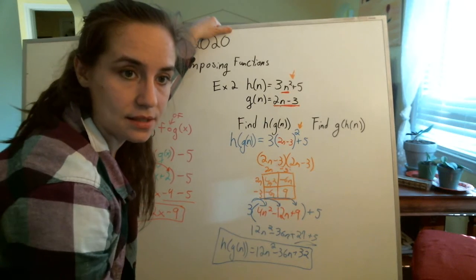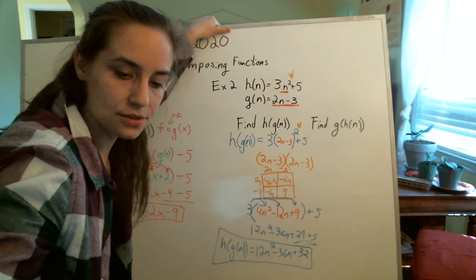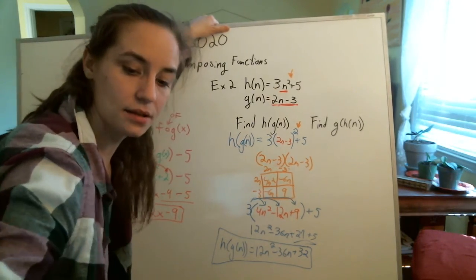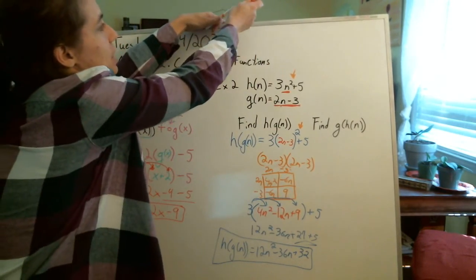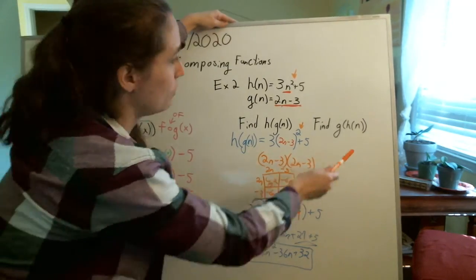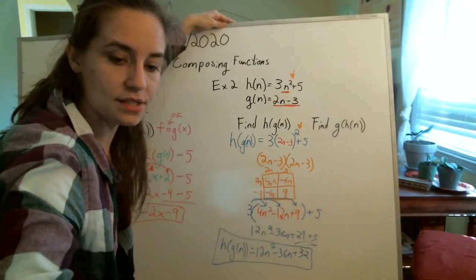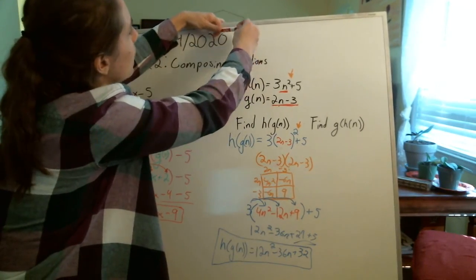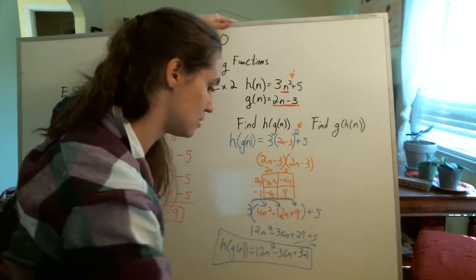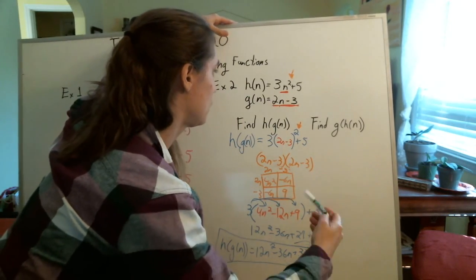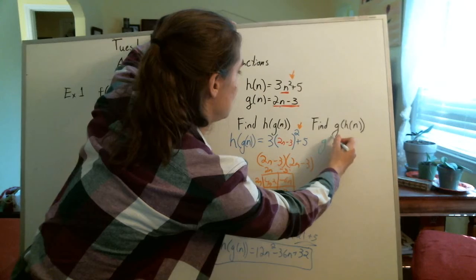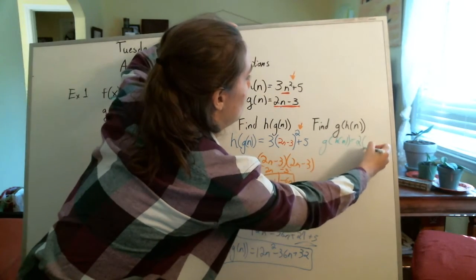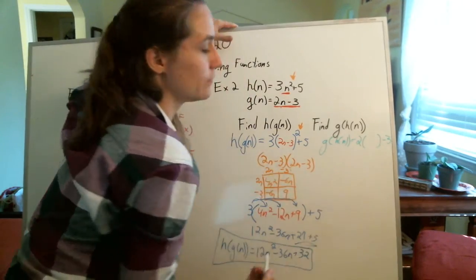That's as tough as it gets, okay, so it's not that bad, but let's look at the case. What if we flipped it around the other way? What if instead of plugging g into h, we plug h into g? Now this still has that squared, but it's all about location. My g function is 2 blank minus 3. Fit it in there.